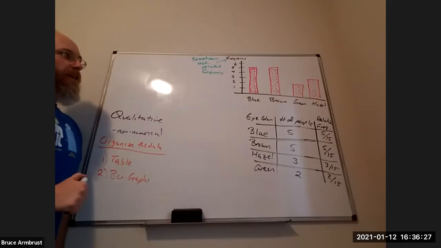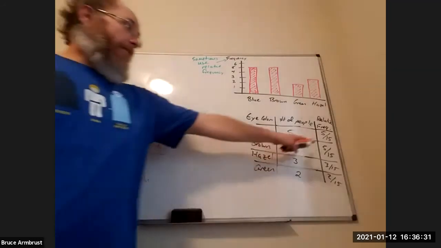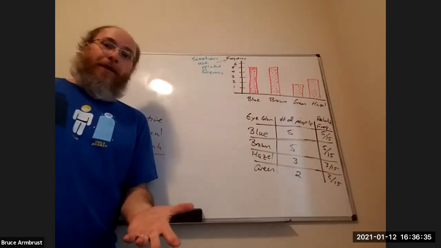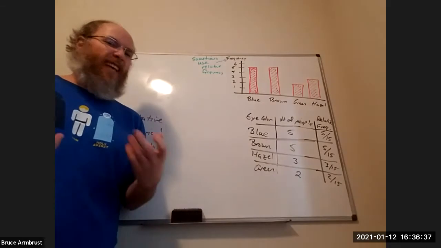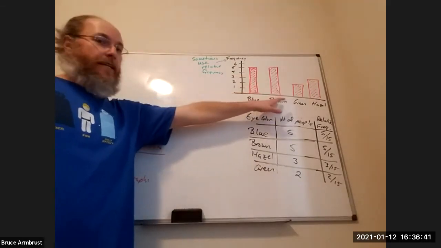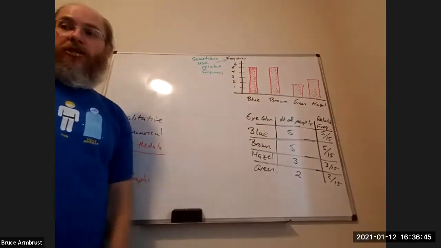So instead of using 5 and 3 and 2 as our numbers, we'd use the 5/15, the 3/15, the 2/15 as a percentage, maybe as a decimal, something like that. In terms of what this graph would look like, it's going to look identical. The sizes are still going to be all the same relative to each other.